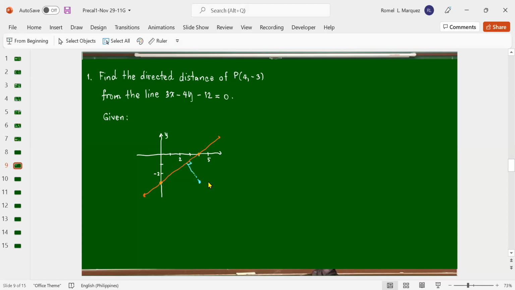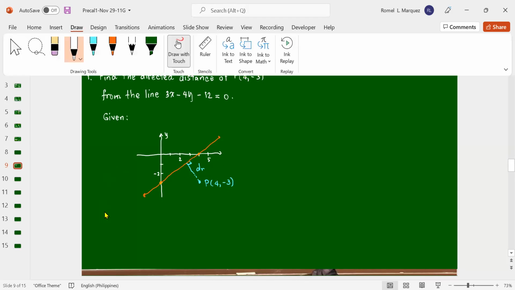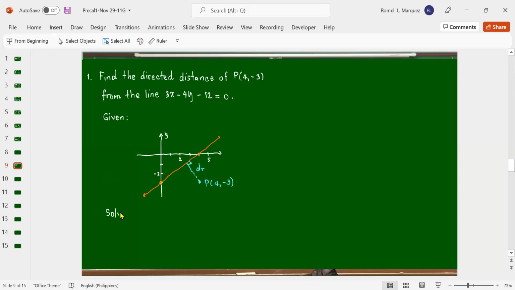Okay? So this is our d sub r. What do we expect, guys, for the directed distance? Negative or positive? Negative, sir. Negative, because the point is below. If let's say you get that it's not negative, it means there is something wrong.